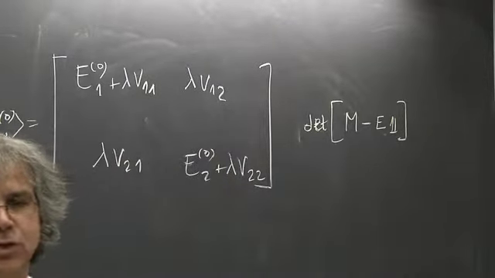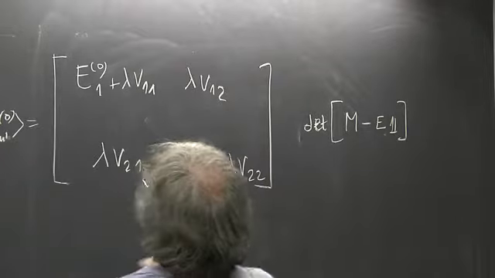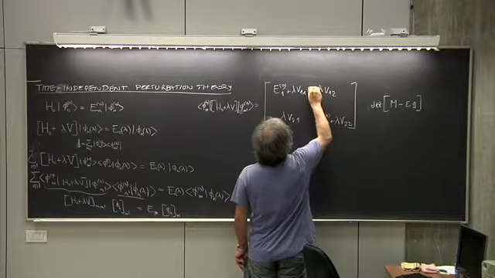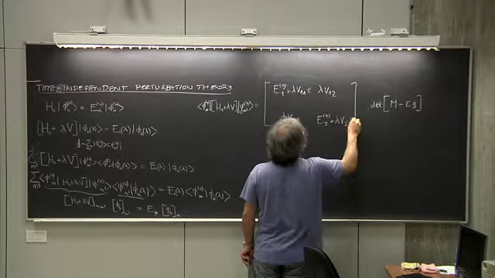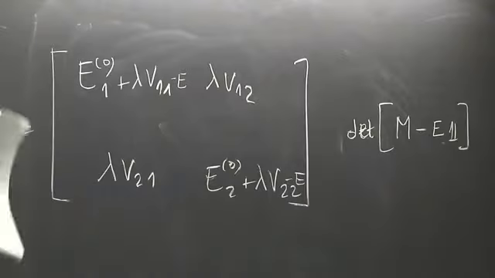This, by definition, is the eigenvalue problem. So what I should do is to calculate this minus E, and calculate the determinant and find the solution for E. The problem is obviously quadratic in E because it's two-dimensional. Therefore, you will get two solutions.